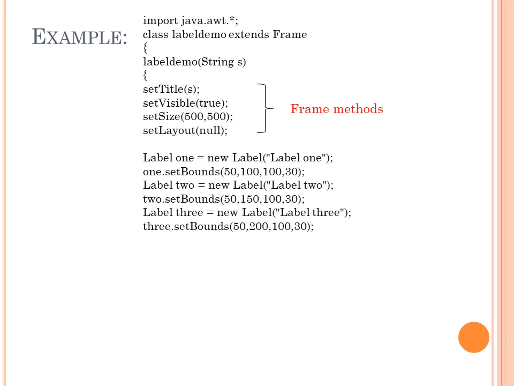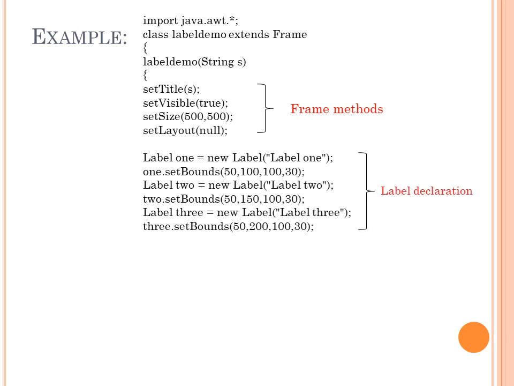Now to assign a coordinate for this label1, label2 and label3, we are going to write label1.setBounds, label2.setBounds, label3.setBounds. So these are all the coordinates of the frame that you are going to assign to a label, and accordingly it will be displayed in your output.